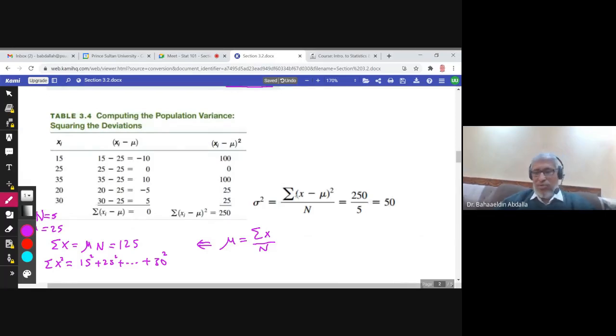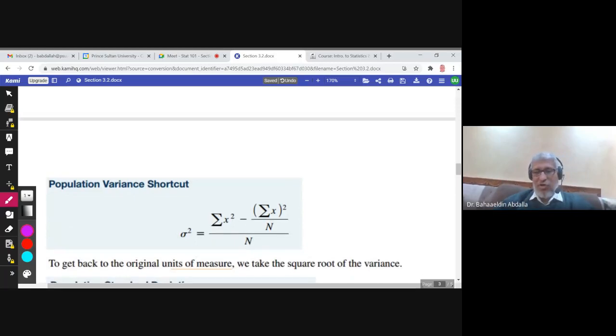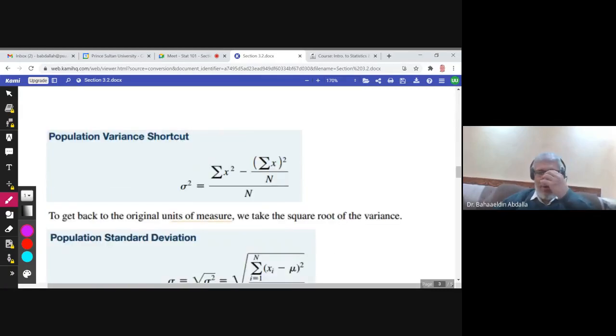Actually, if you expand x minus mu squared, you can prove that you will have this formula. So the two formulas are the same, okay? But here, you don't have to evaluate the mean, and you don't have to find the distances or the squares of distances. You need only summation x and summation x squared.